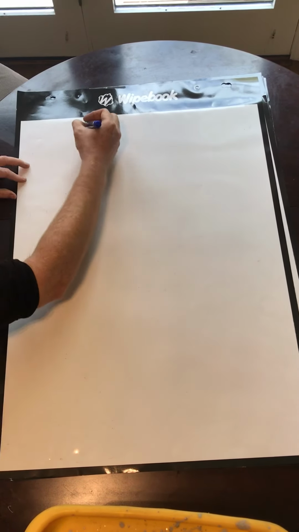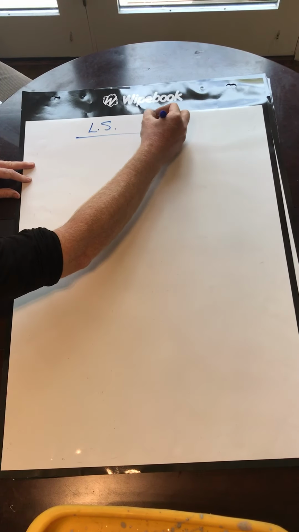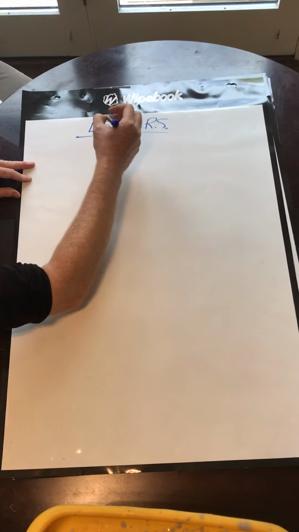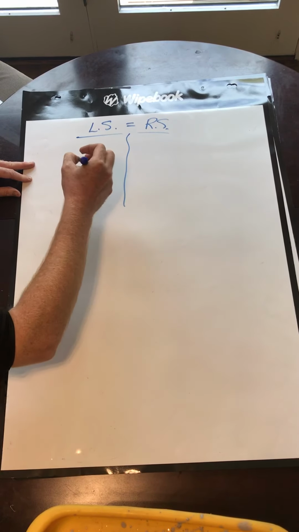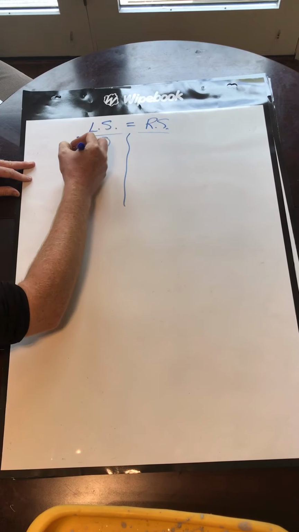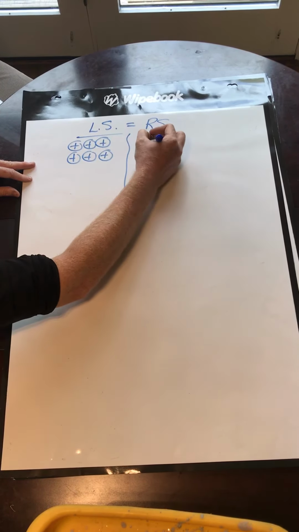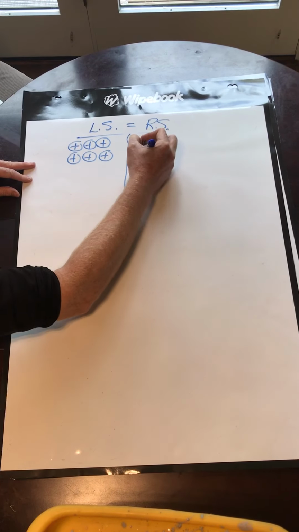So on the left side, I have 6 positive tiles. And on the right side, I have 2 positive x tiles.